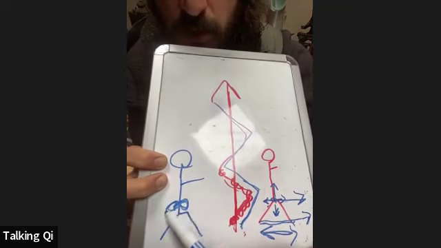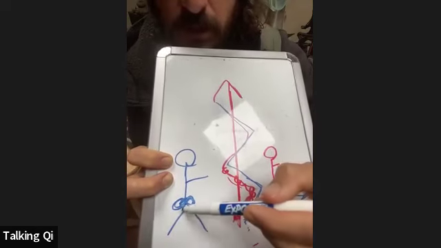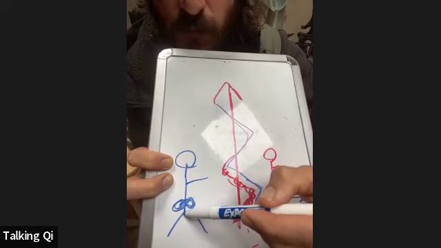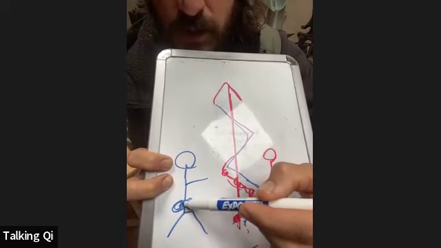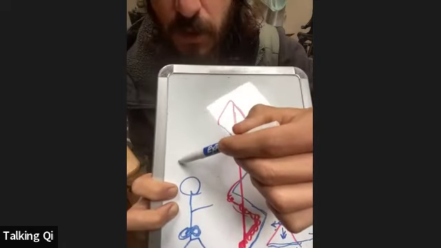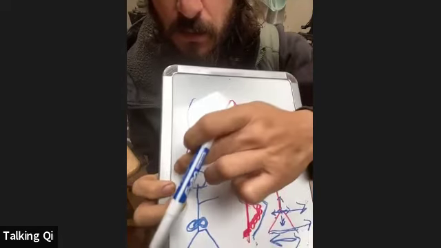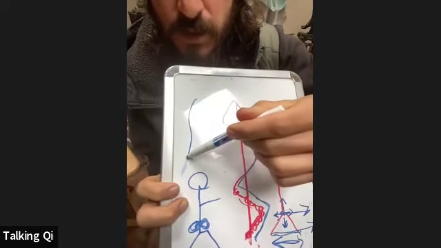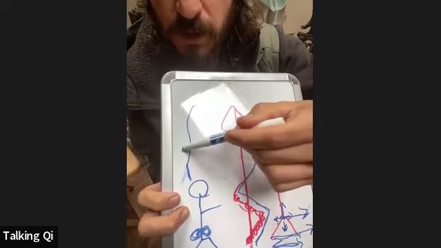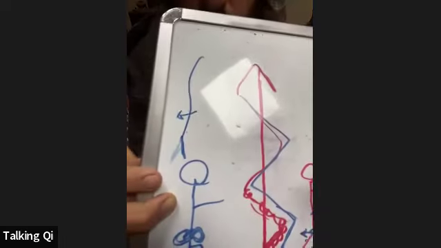So let's just do this pattern. When we're rocking back and forth, there's a tilting of the pelvis, right? The tilting of the pelvis, let's say we tilt the pelvis forward, that actually gives us an angle of the torso that opens up the Mingmen, right? Because we have the curve in the back. When we tilt the pelvis forward, it opens up the Mingmen area, gives us that direction.